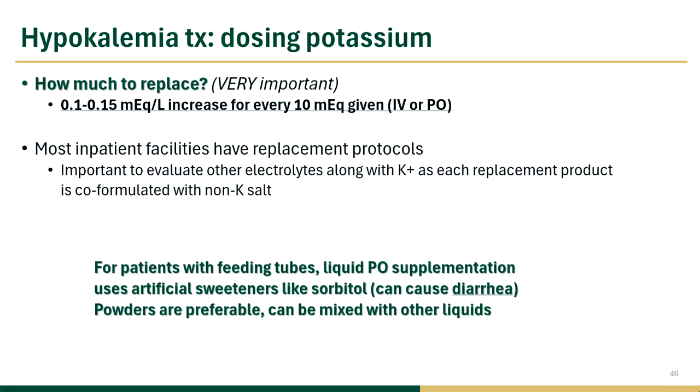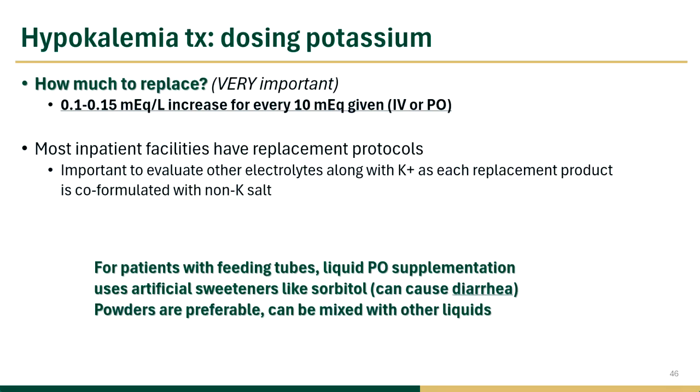That other component can be a non-potassium salt that has to be administered with the potassium. Another example is potassium phosphate. If the patient's phosphate is high, let's say they're in renal failure, you wouldn't want to give potassium phosphate because phosphate is not eliminated as rapidly in someone with renal failure.